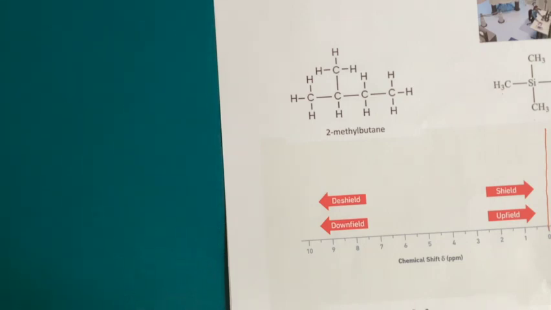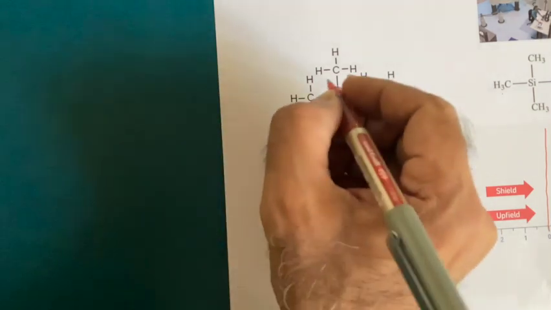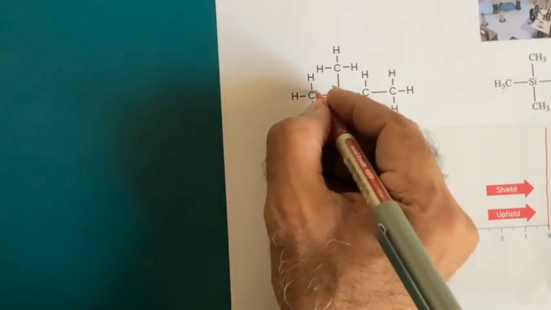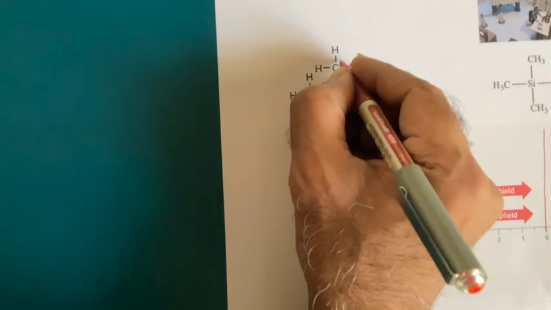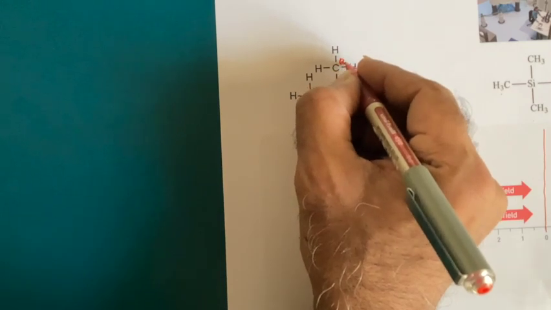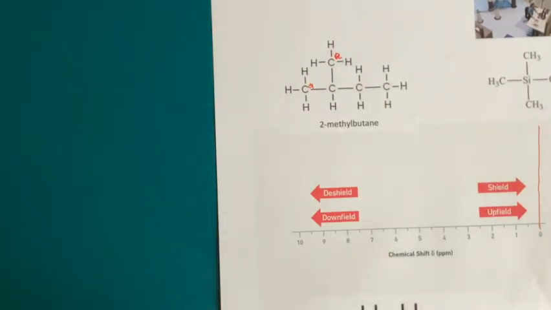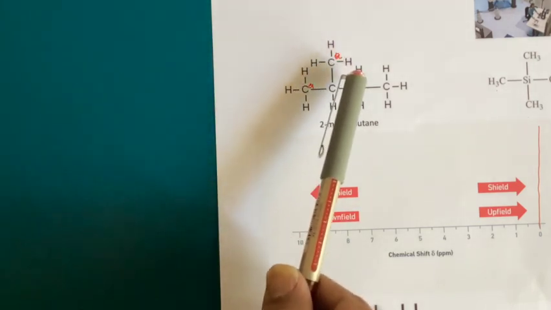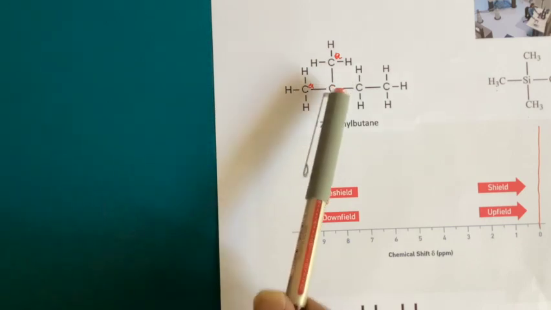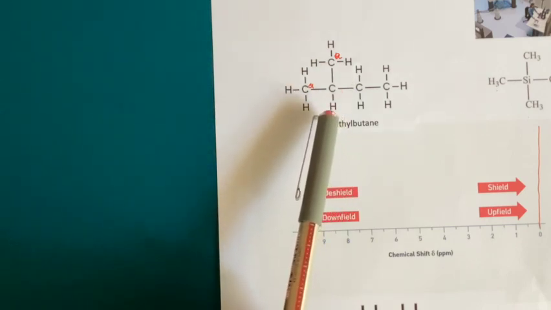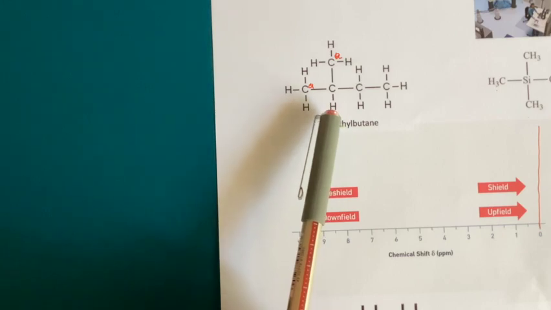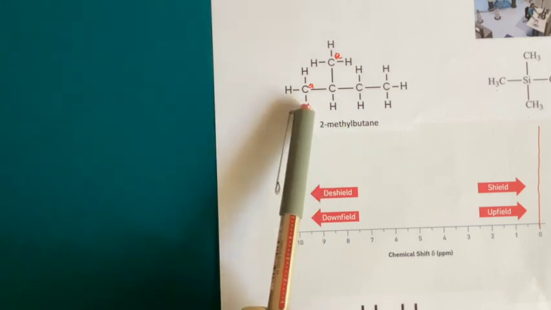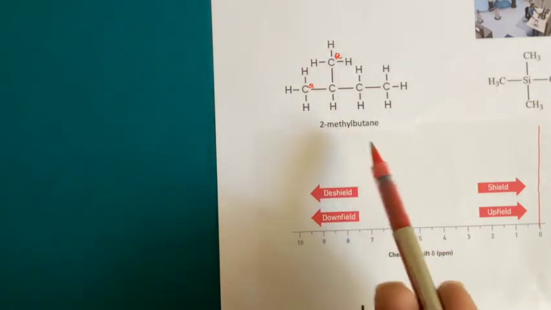Let's break that down for you. You see, the hydrogens associated with this carbon A and this carbon, which we'll also call A, are in a chemically identical position. Each one is attached to a carbon, which is in turn attached to a CH3, which is then attached to C2H5.